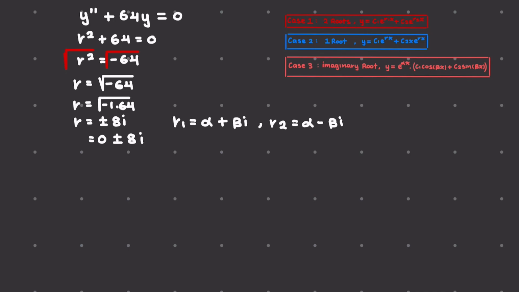And so, let's solve for the general solution for r = 0 plus or minus 8i.